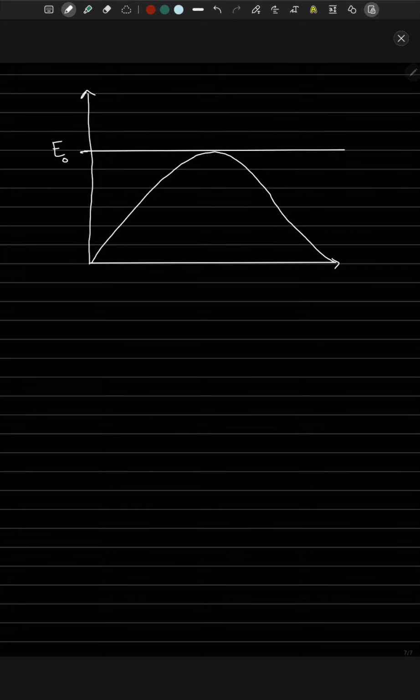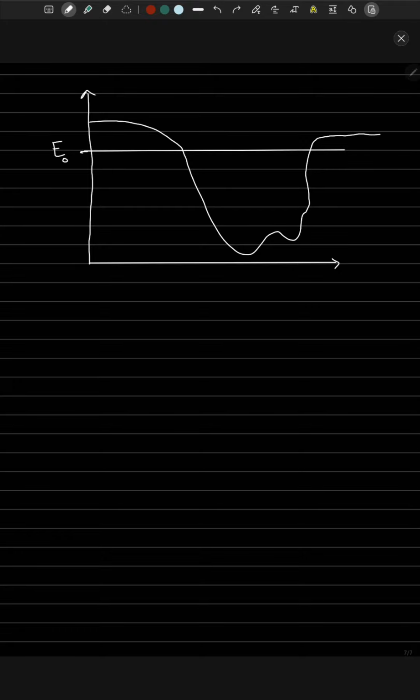Or let's not just draw it like this. Just give me a second. Okay, so let's instead say that the energy curve is something like this. And your particle has the total energy E naught.